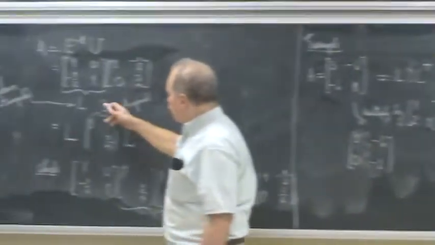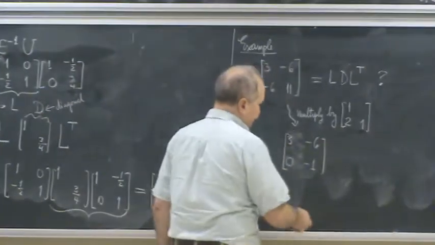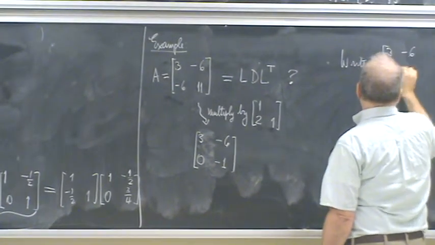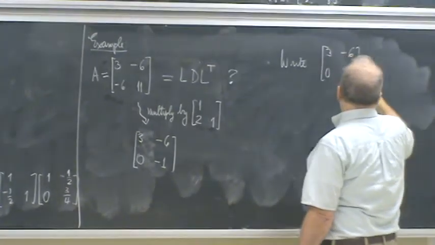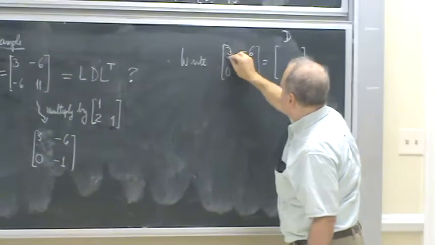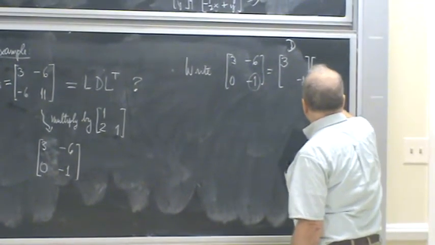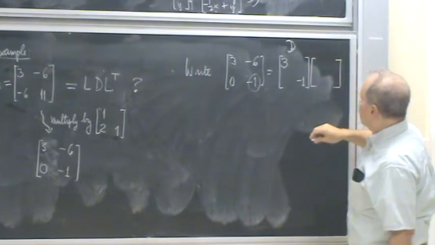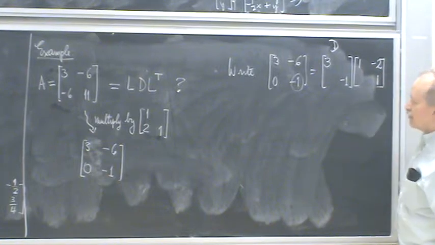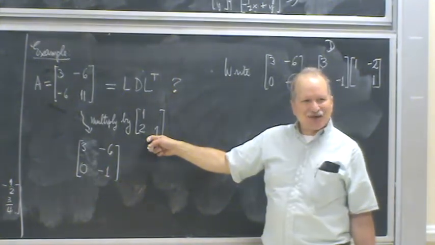Here I played a game of factoring stuff out into a diagonal matrix. What diagonal matrix do I want to factor out? Well, there's a 3 here, and there's a -1 here, and then what's left is actually the transpose.